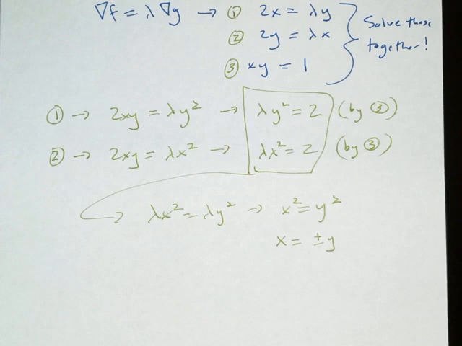And again, why does that help me? Go back to equation 3. x times y equals 1. It means either both these numbers are positive or both these numbers are negative. If they had different signs, then when I multiply them together, I get negative 1, right?